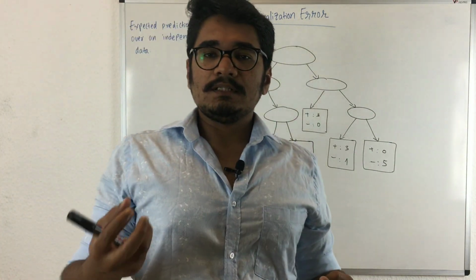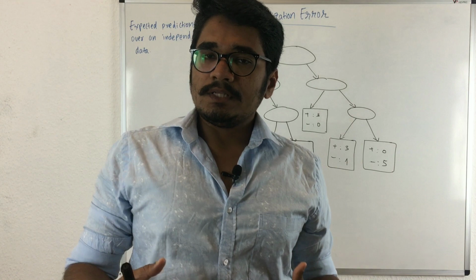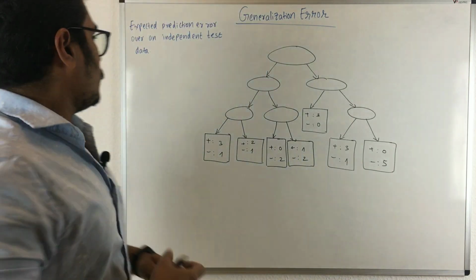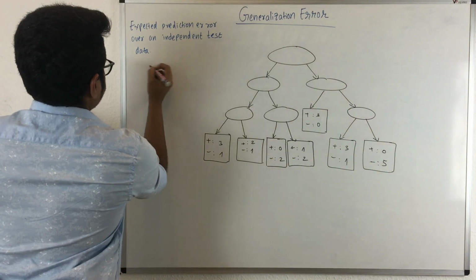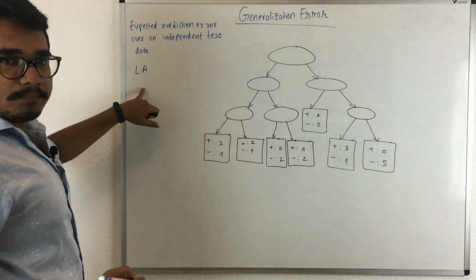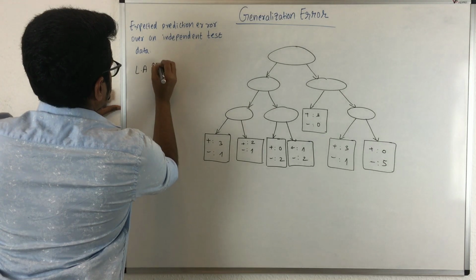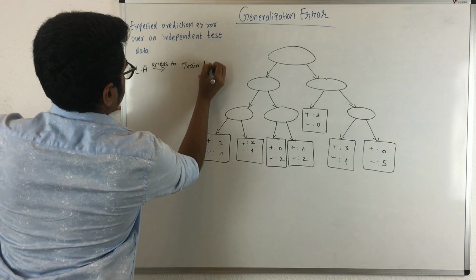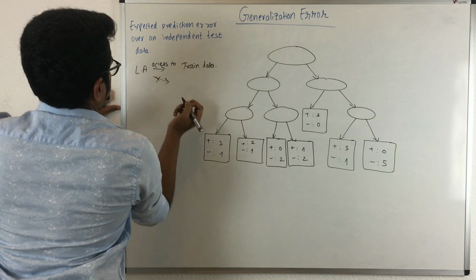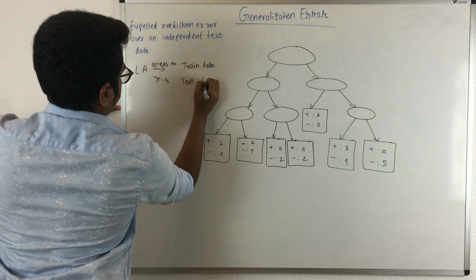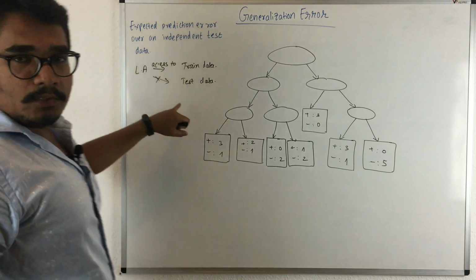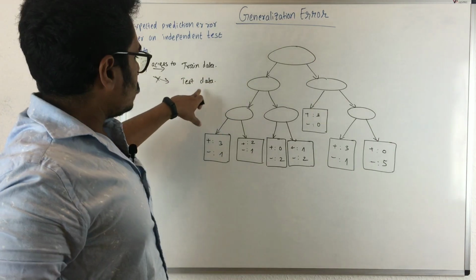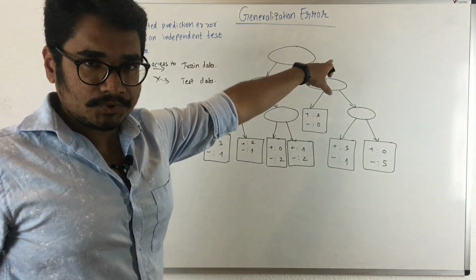Whenever you train a model, your learning algorithm, that is LA, has access to the training data but does not have access to the test data. So we try to predict the error on the test data and not on the training data. There we come across the term generalization error.